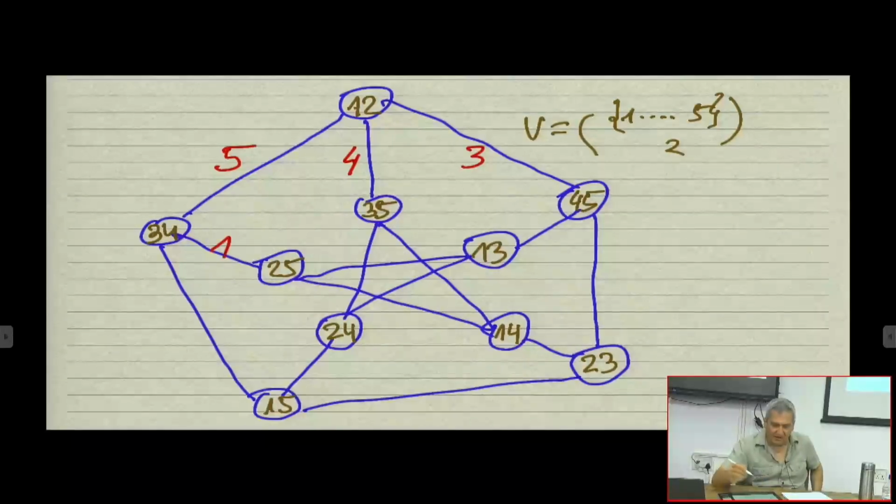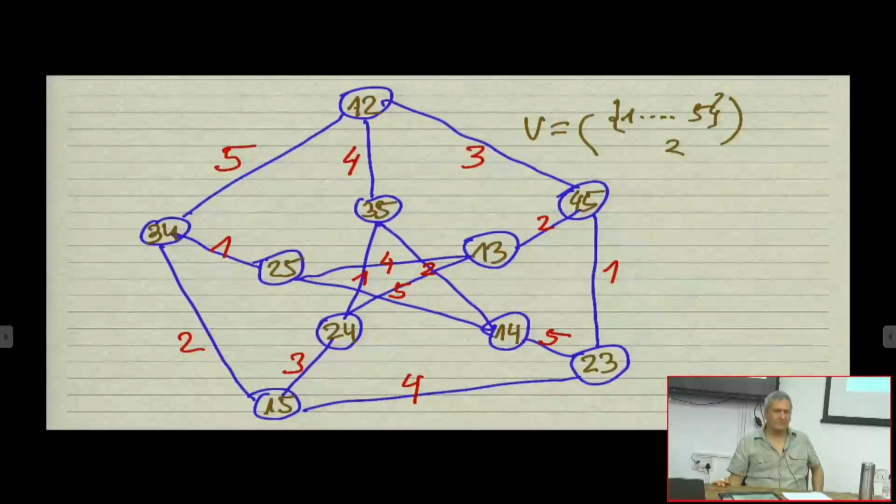We put here 1. We put here 2. We put here 3, 4, 5, 1, 2. We put here 4, here 1, 2, 3, 4, we put here 5, 3, put here 2. You can check that this is a normal coloring.